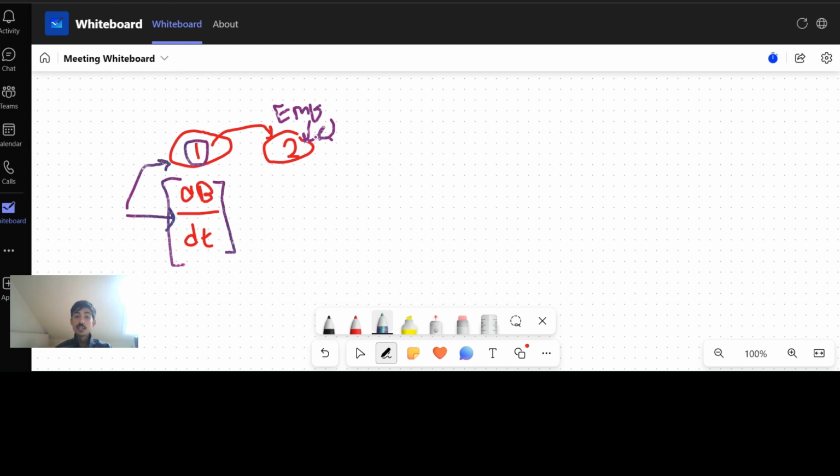So what basically happens is, the change in magnetic field in 1 will associate with the change in magnetic flux in 2. Basically, the change in magnetic flux in one is the same as the change in magnetic flux in two.